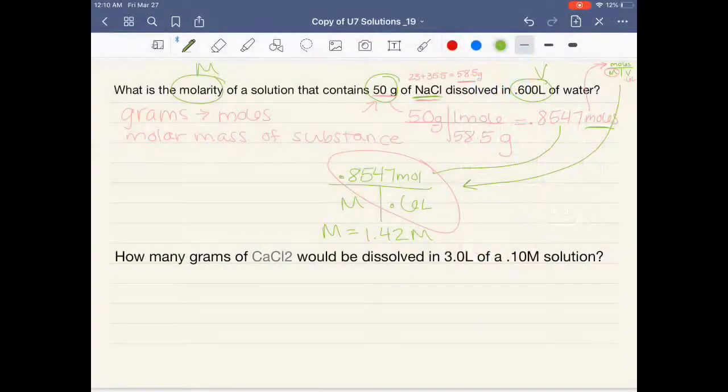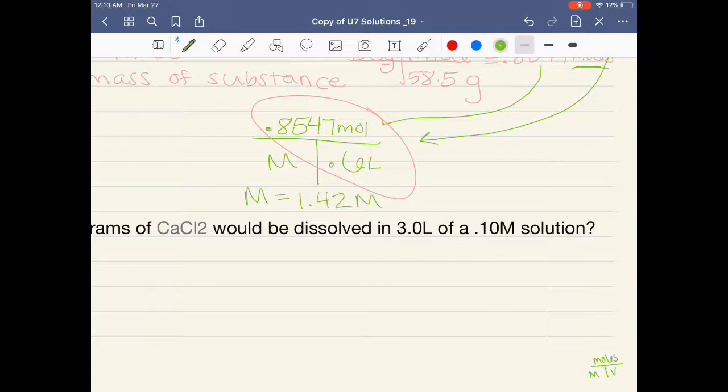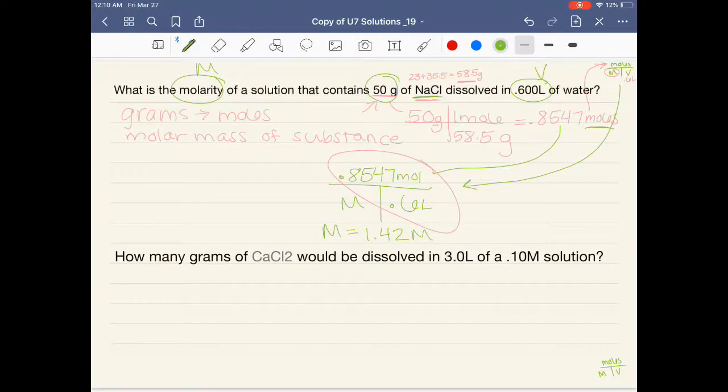All right, now let's take a look at example 2 down here. Again, I'm going to write in the bottom corner here our triangle so that we can see it for reference. We have moles over our molarity and volume. All right, so let's go ahead and identify what they've given us. It says how many grams of CaCl2 will be dissolved in a 3.0 liters of 0.1 molar solution.